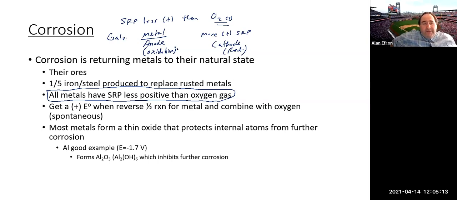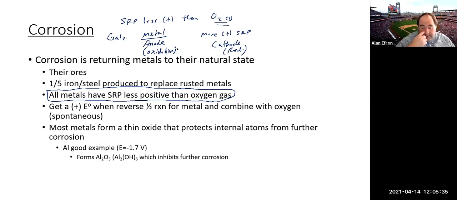Now, is all oxidation of metals a terrible thing? The answer is no. Actually, in some cases, when a metal goes through oxidation, it can create a layer on top of the metal that protects the metal underneath it.